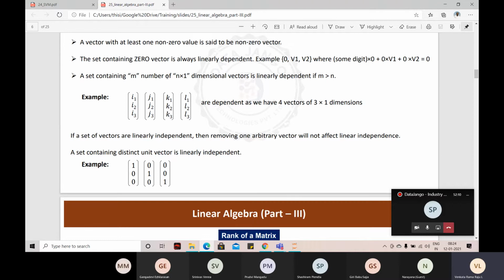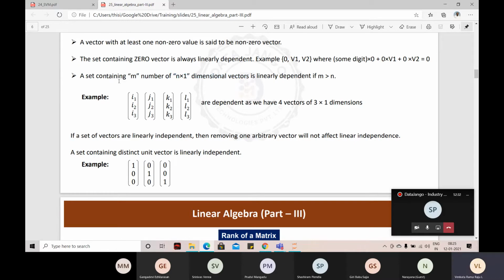A set containing m number of n by 1 dimensional vectors is linearly dependent if m is greater than n. Right? Number of vectors are more. See here, I said n by 1 dimensional vector and m number of vectors.